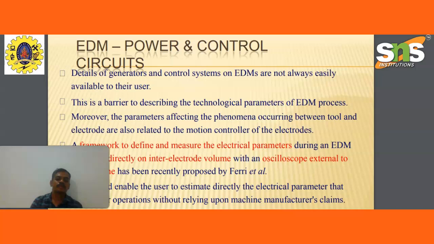Moreover, parameters affecting the phenomena occurring between the tool and electrode are also related to the motion controller of the electrodes. A framework to define and measure electrical parameters during EDM operations directly on the inter-electrode volume with external oscilloscope machines has recently been proposed by Ferri et al.